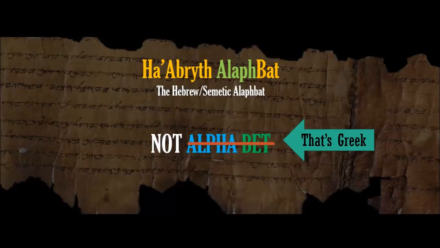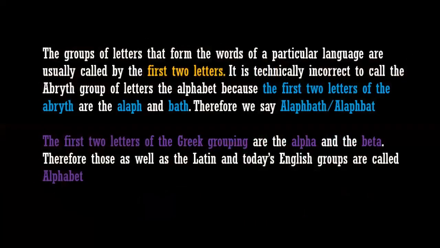In modern times, the English list of letters, which really came from the Latin list of letters, you will observe those are called ABCs, referring, of course, to the first letters appearing in the list. The groups of letters that form the words of a particular language are usually called by the first two letters.